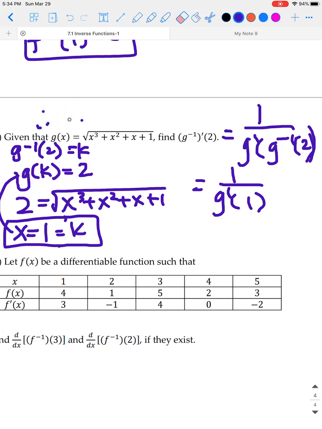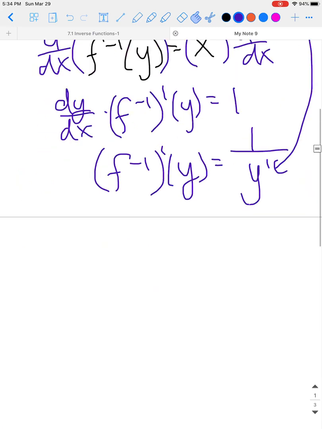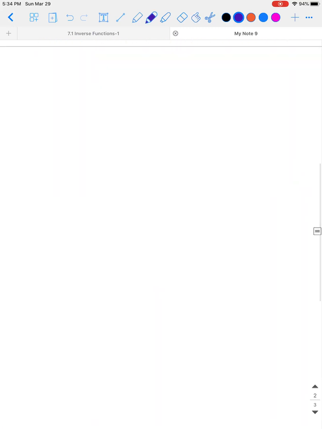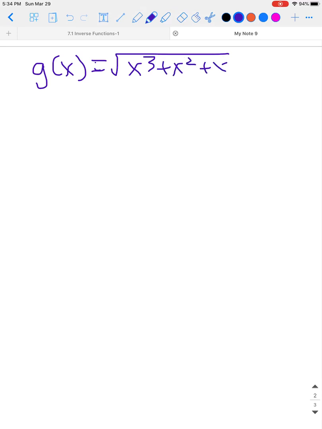Oops. I think I'm running out of space here. Let me get rid of that. And let's move this over here. So g of x was equal to the square root of x cubed plus x squared plus x plus 1.